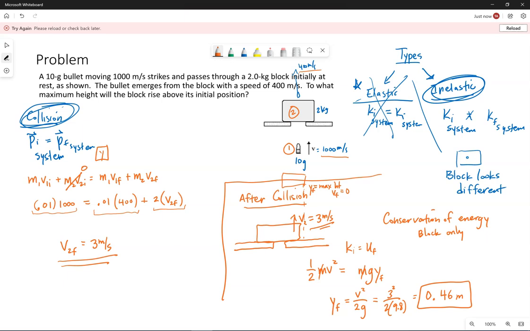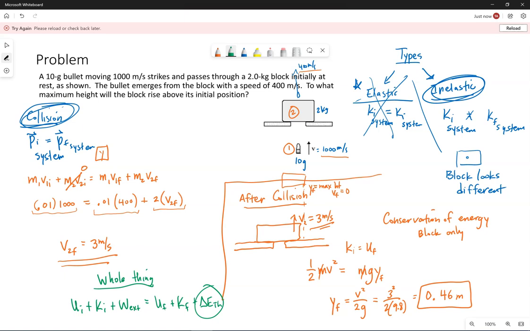Technically, energy is conserved for the whole thing, but there is definitely thermal energy generated. And we don't have enough information to calculate that to begin with. Once we've solved for that final velocity through the conservation of momentum, we could figure it out.